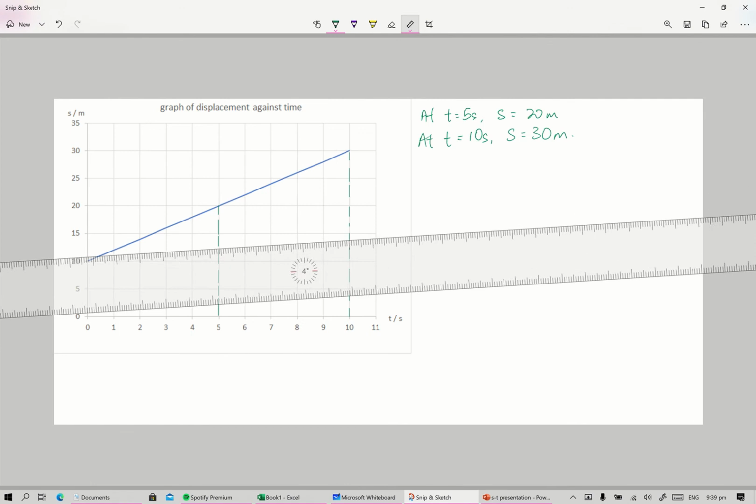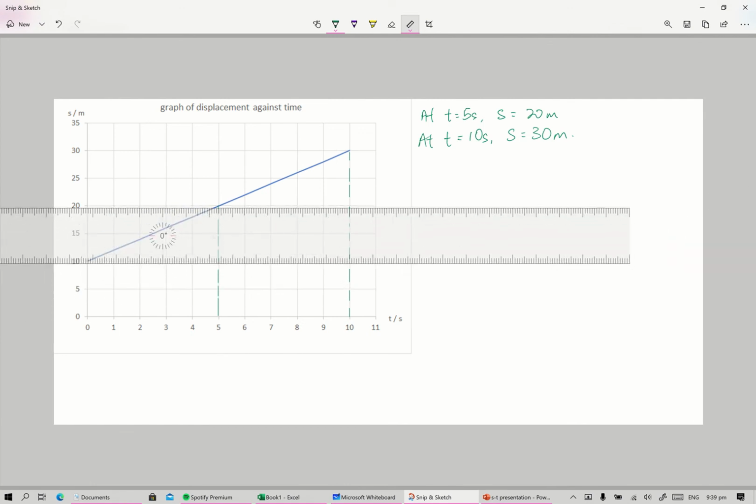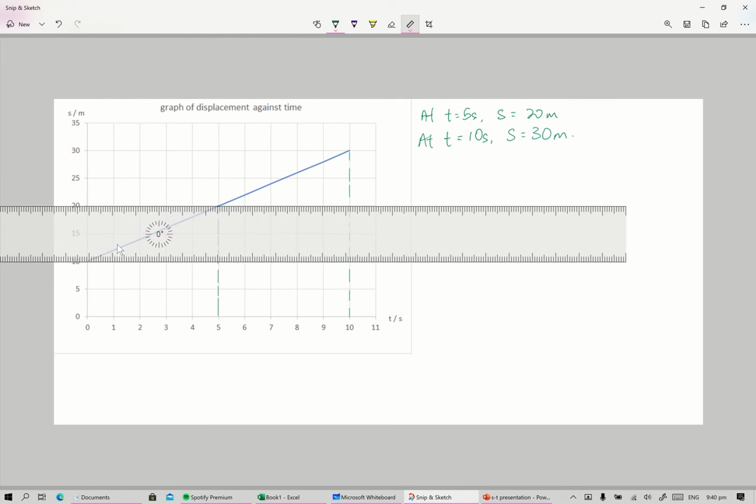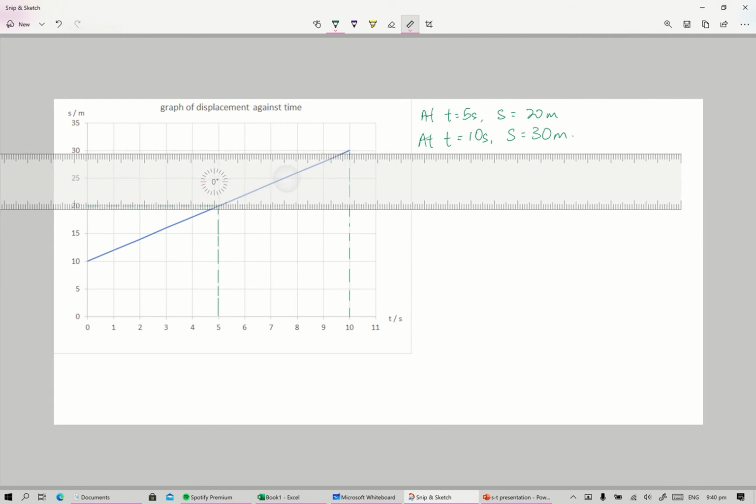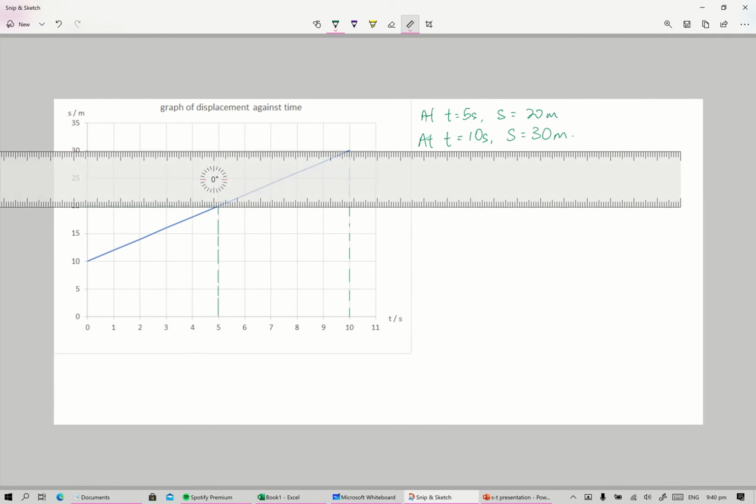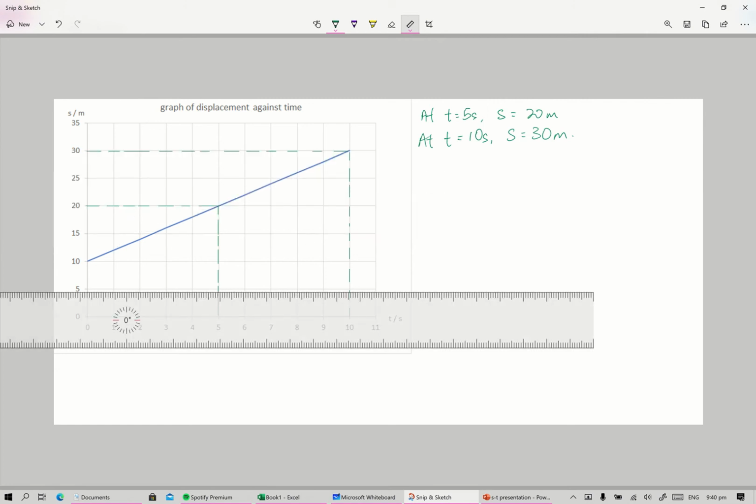At time equals 5 seconds, my displacement is 20 meters. And at time equals 10 seconds, the displacement is 30 meters.